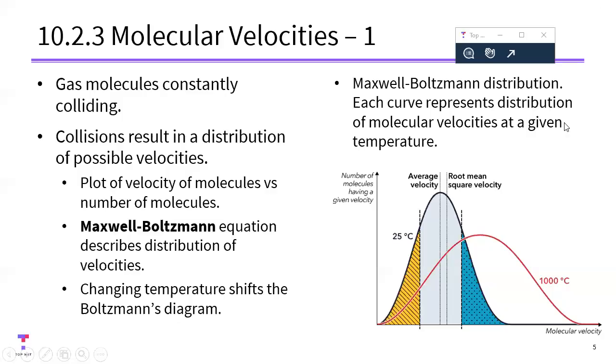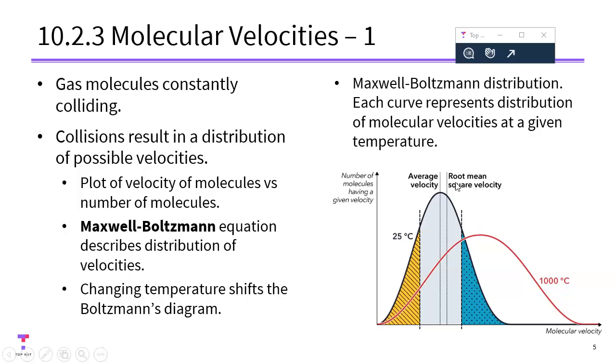What it shows us is the relative distribution of what kind of velocities we would expect out of a sample at a given temperature. So here's my curve at 25 degrees Celsius.